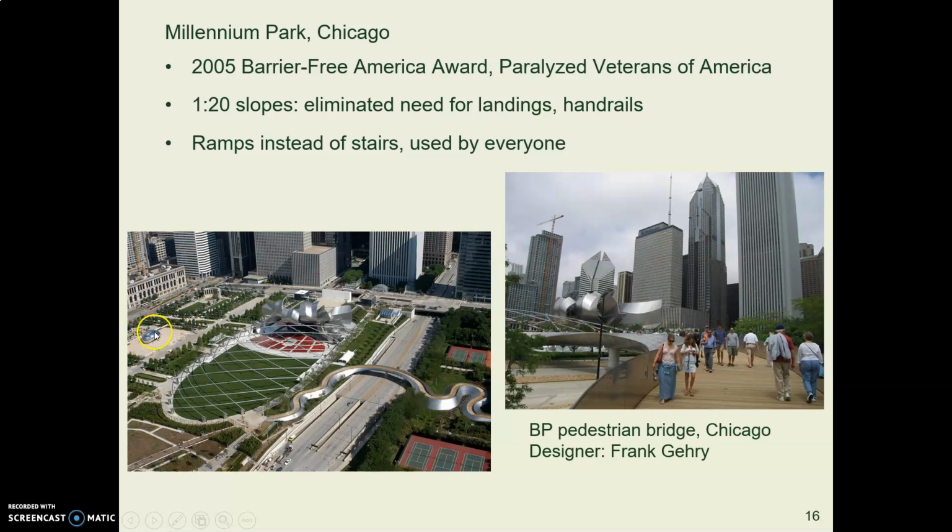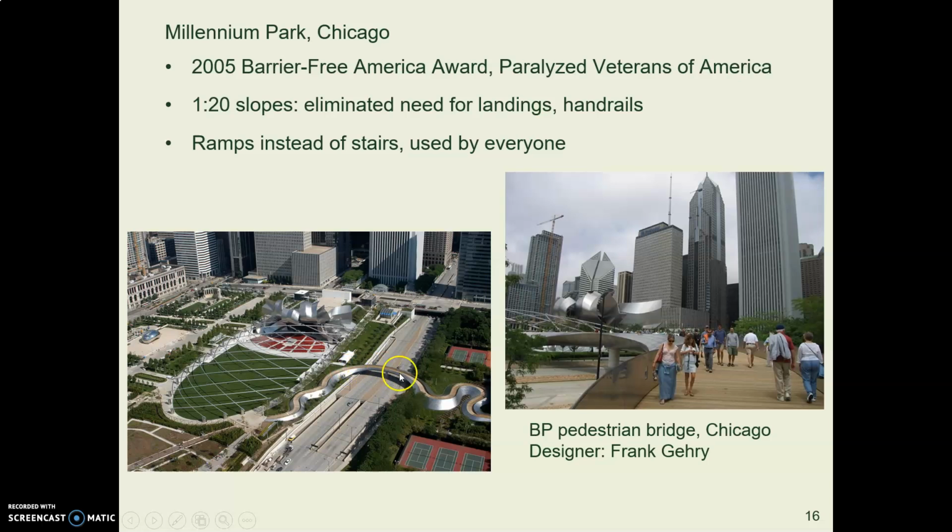There is the Bean, the famous shiny sculpture that people are always taking pictures in front of. Here's the amphitheater auditorium where they have concerts. And then there's an art museum over here. And this is the pedestrian overpass over this big highway. All of this was designed by the architect Frank Gehry, as you can see.